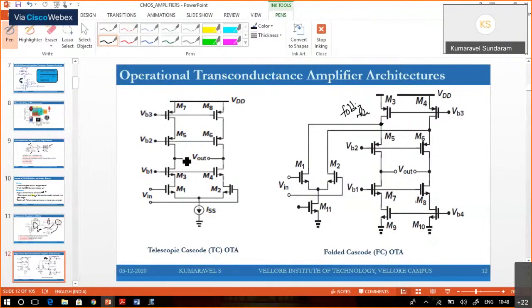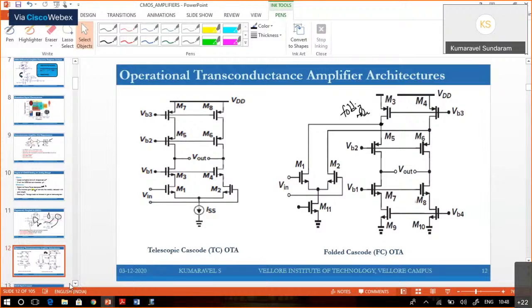We need to understand the gain equation and a small signal analysis of this topology.